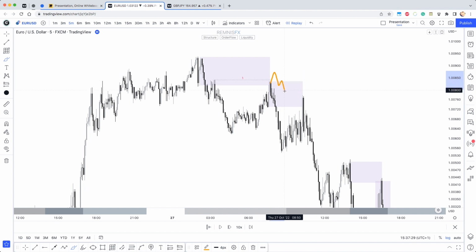And then wait for the inducement to be taken out here, and then you could have entered from like this above, okay? And you could even mark this as your potential point of interest and wait for the price to come back.